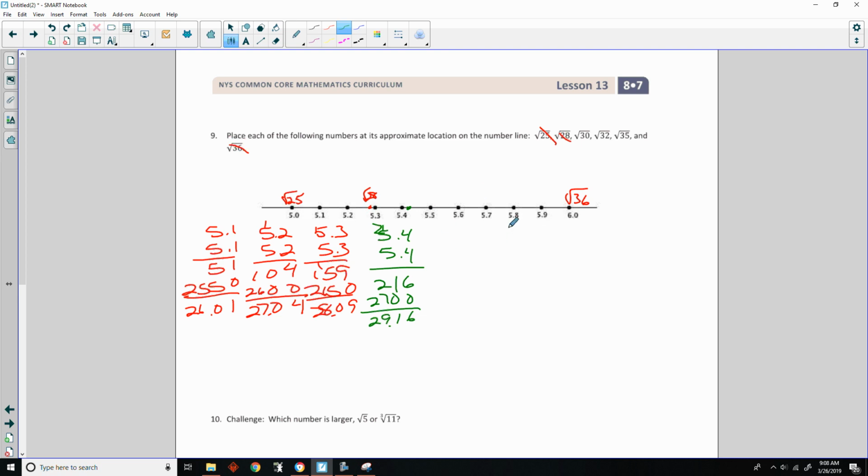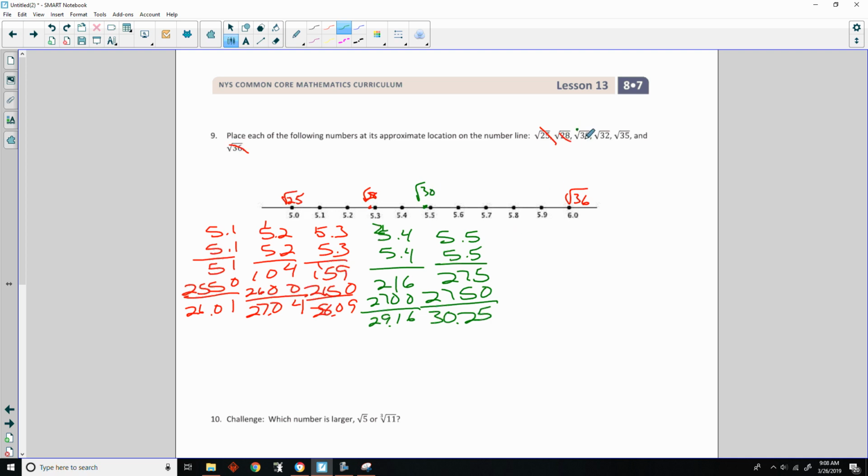But if I do 5.5 first and see how close it is, we can estimate where it is in between. 5.5 squared is 30.25. So 30 is only 25/100ths away from that, so this is closer to 5.5. So that would be the square root of 30.